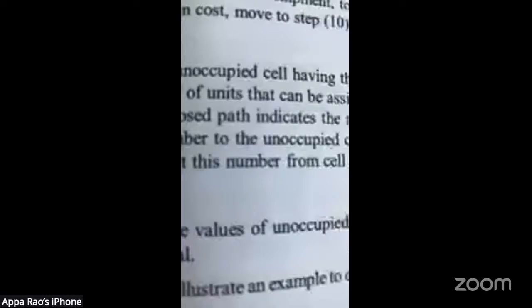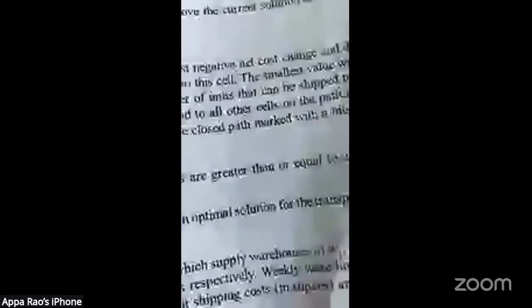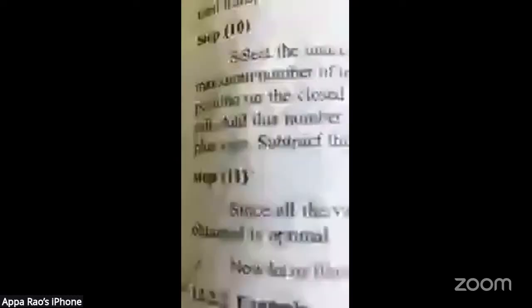The smallest value among the cells with negative positions on the closed path indicates the number of units that can be shifted to the entering cell.